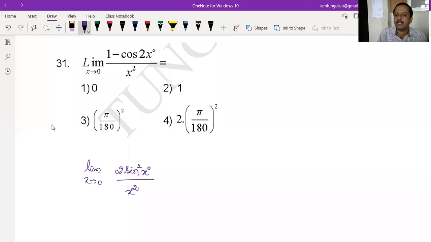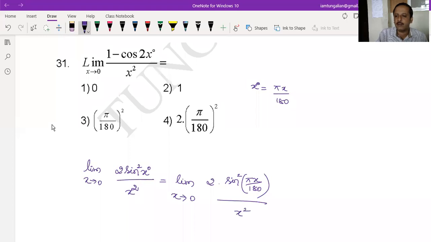But now that it is in degrees, x degree we need to convert into radians. So x degree can be written as pi x by 180 radians, right? So this is equal to limit extends to 0, 2 into sin square pi x by 180 by x square we have.